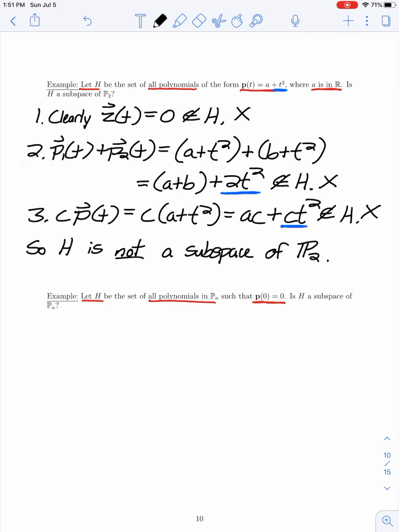So here let's think about how exactly this space H is defined. H is a set of polynomials in Pn.